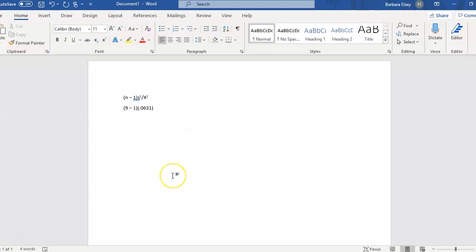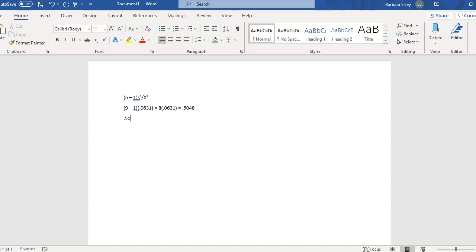So really, that part right there is 8 times 0.0631. I'll put that into the calculator, and I get 0.5048. Now, there's a reason why I calculated this separately, because we are going to do two calculations.